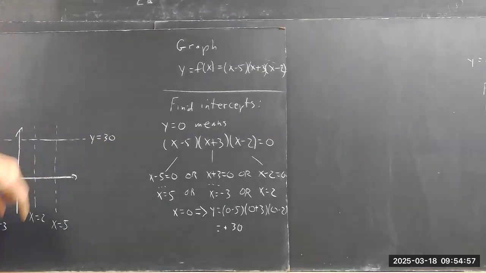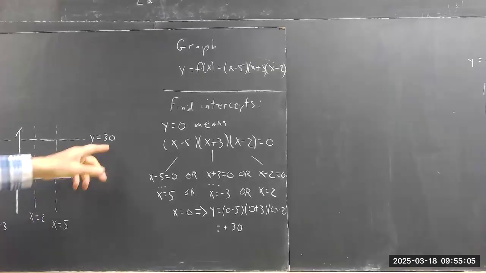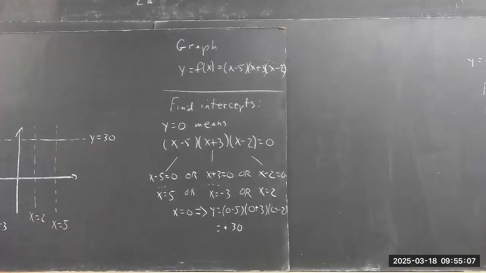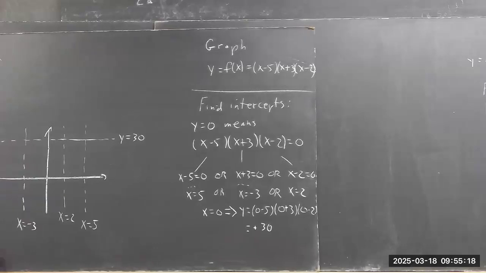My y scale is different than my x scale, but there's no way it could be otherwise for most polynomials. Most polynomials will give you a pretty big y-intercept, not on the same scale as your x-intercepts.